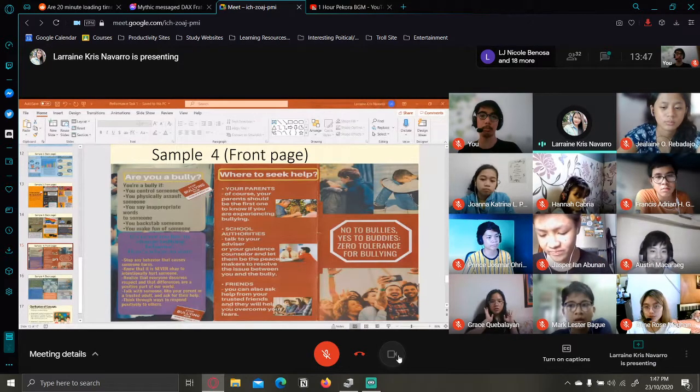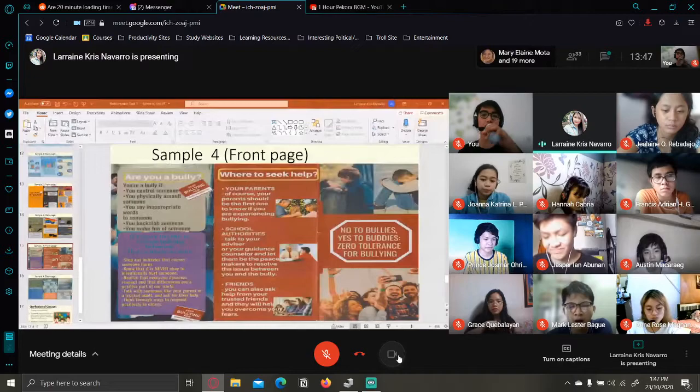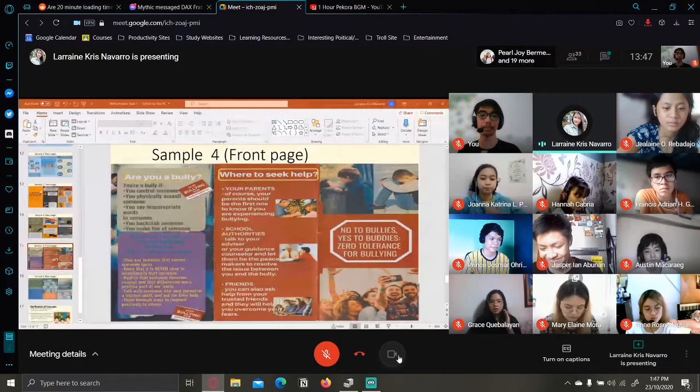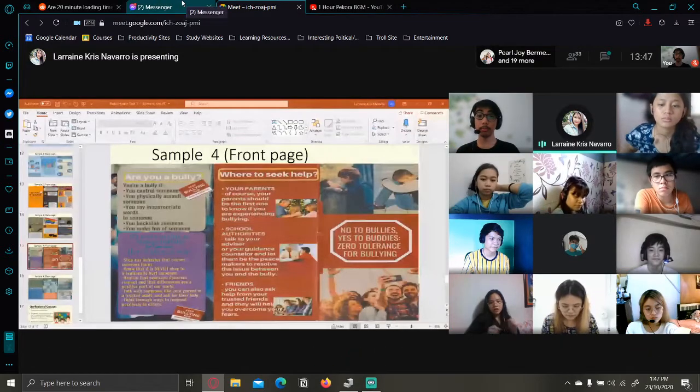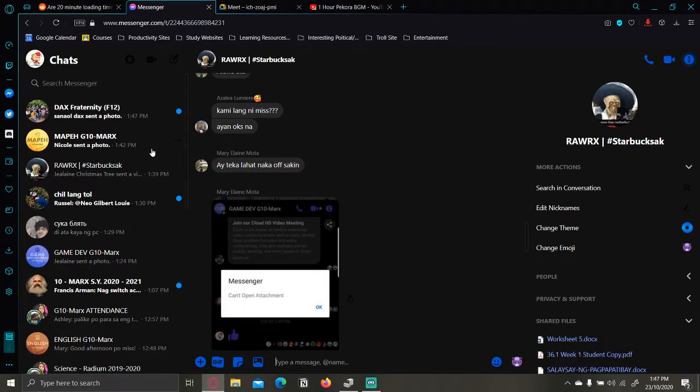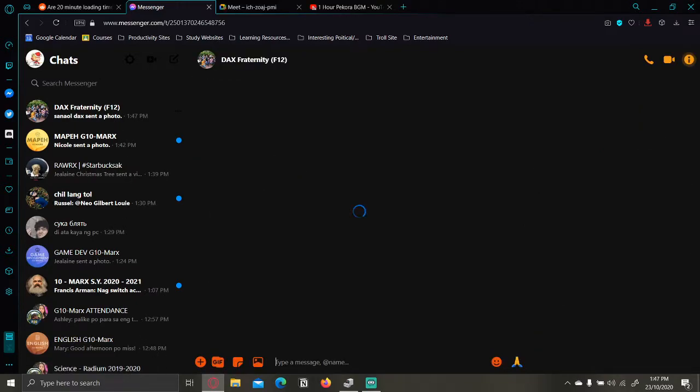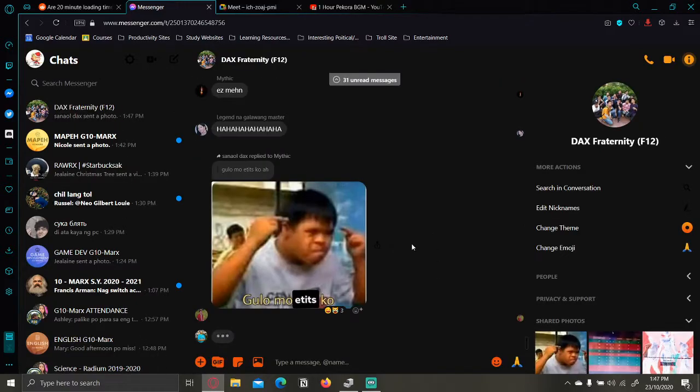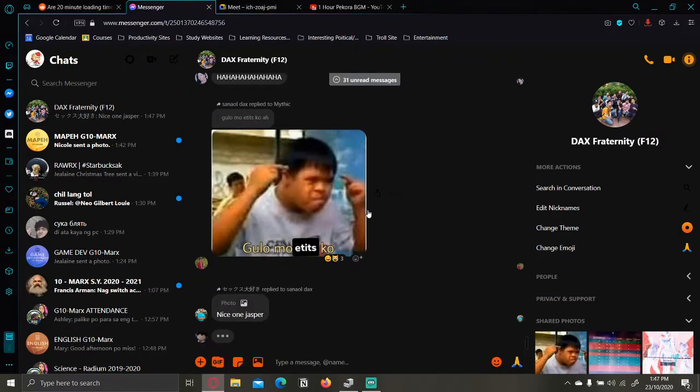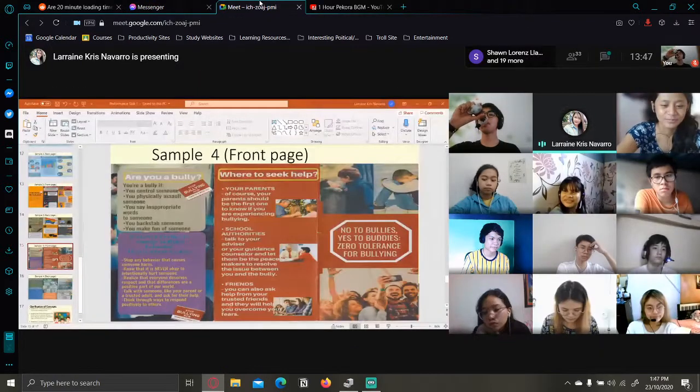Now, once you have already read the list of the members per group, please choose your leader and your secretary. Okay? Bahala kayong pumili kung sino yung leader nyo. But remember, the responsibility of the leader is to make sure that there must be equality when it comes to the distribution of work.